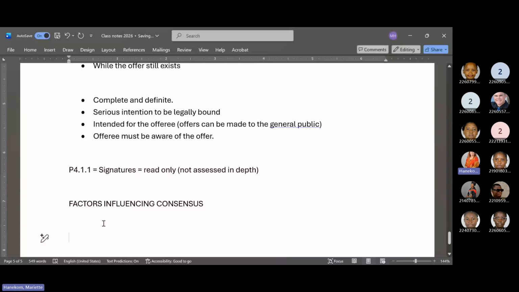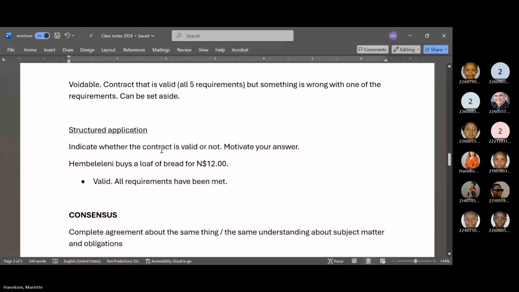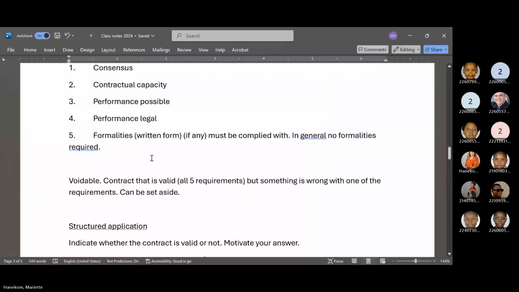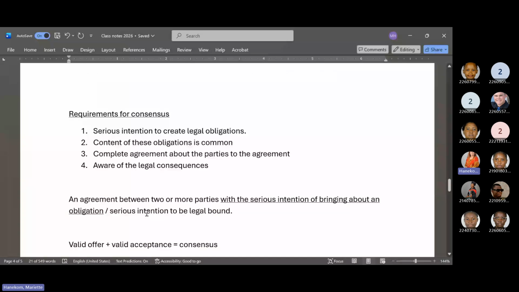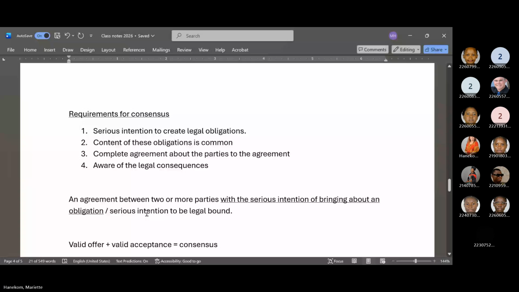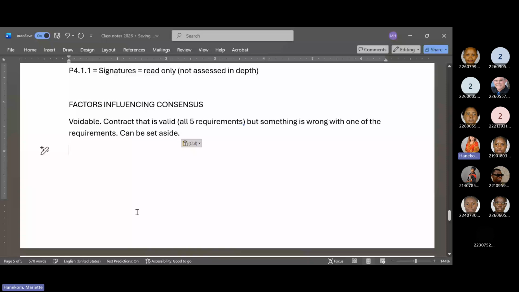Or you think there is consensus and there is consensus, but there is something wrong. Let's go back to what I taught you on Thursday, when we get to voidable contracts. So the contract is valid, but there is something wrong, and it can be set aside.